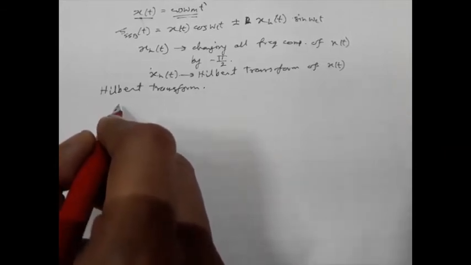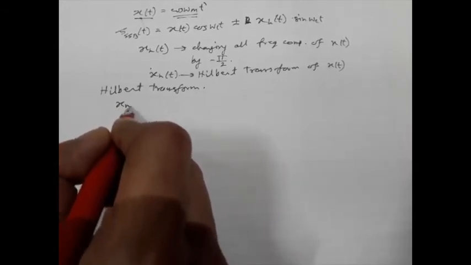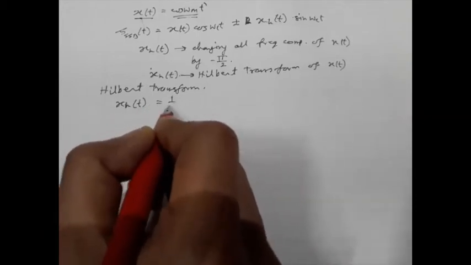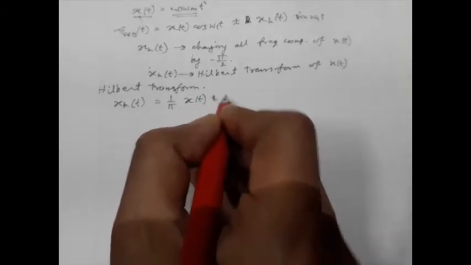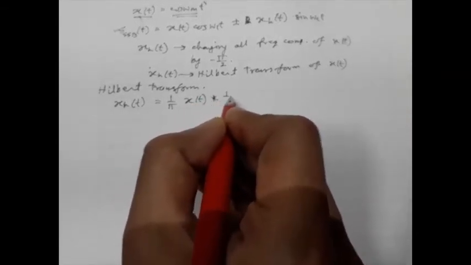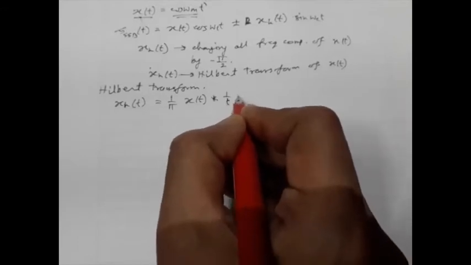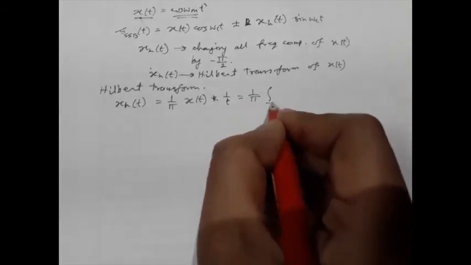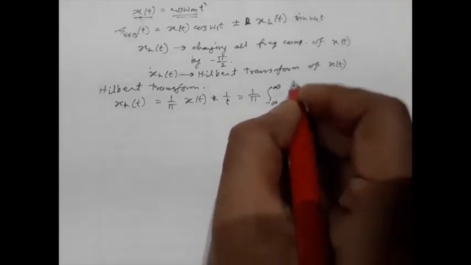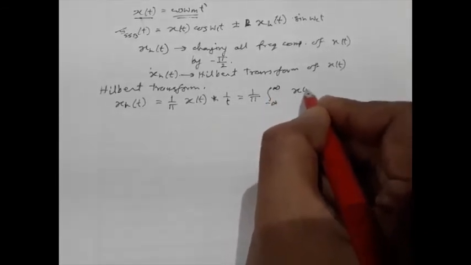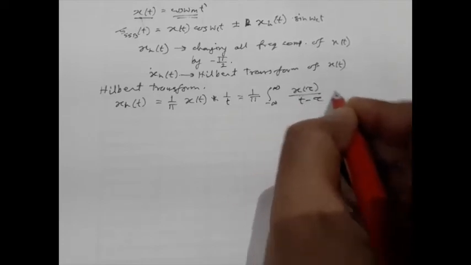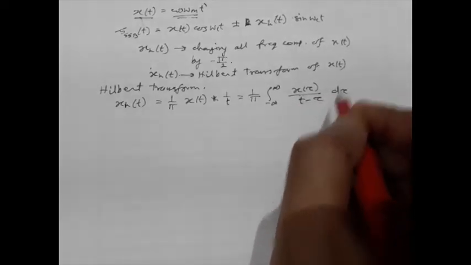Hilbert transform is defined in this way: xht equal to 1 by pi xt convolution of 1 by t, that is equal to 1 by pi minus infinity to plus infinity x tau by t minus tau d tau.